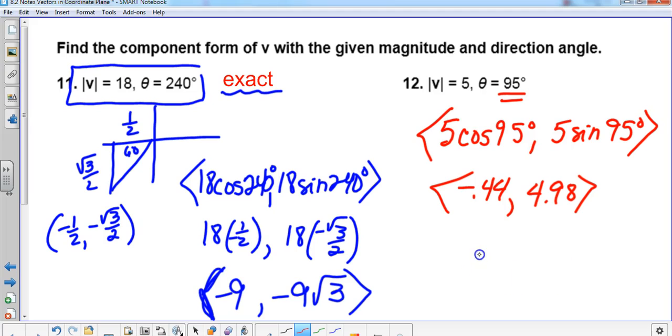Does that make sense, guys? If you went 95 degrees, you just barely went past here, right? If you went out 5 units, the over would be very short, but the up would be close to 5, right? Because this was actually 5.